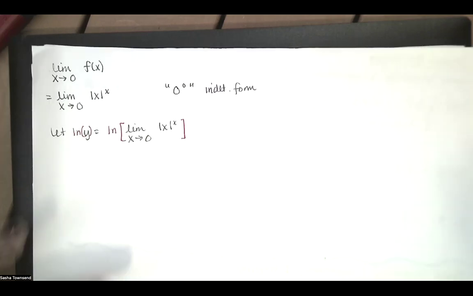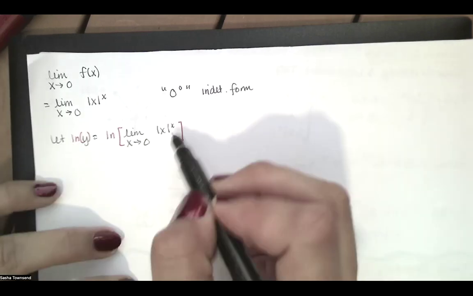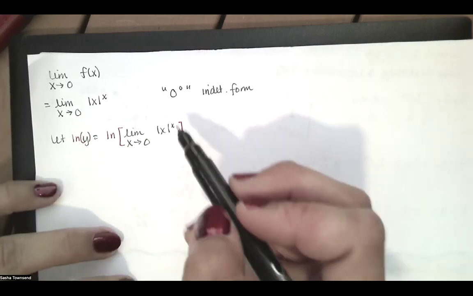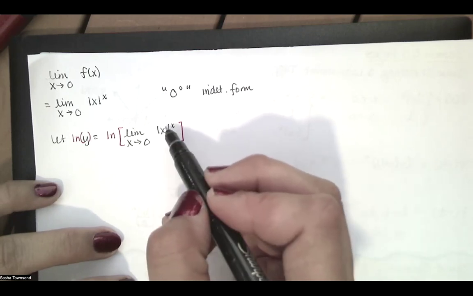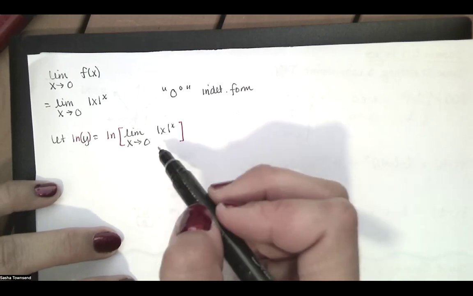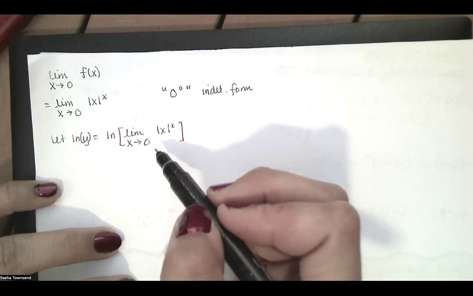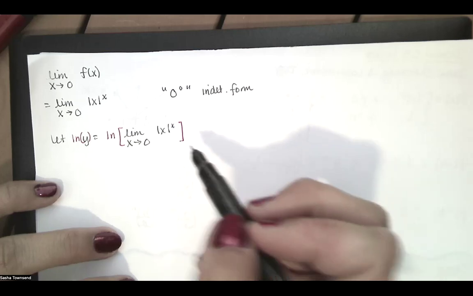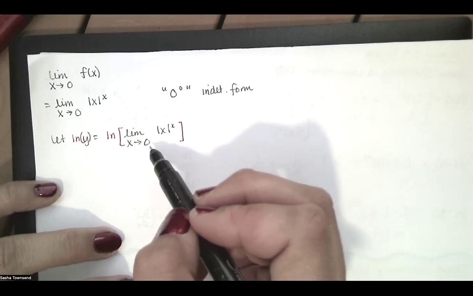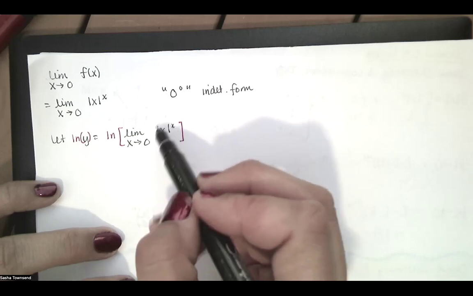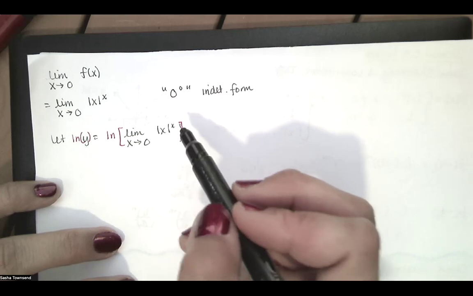Now the natural log is continuous on its domain, which is all positive numbers. And this is going to be a positive number, because this is a positive number raised to a positive power when x is positive, and this is a positive number raised to a negative power, which is just 1 divided by a positive number to a positive power when x is negative. So either way, this is going to be a positive number.